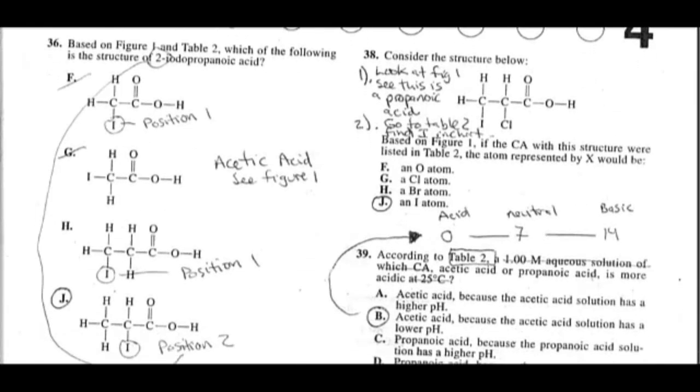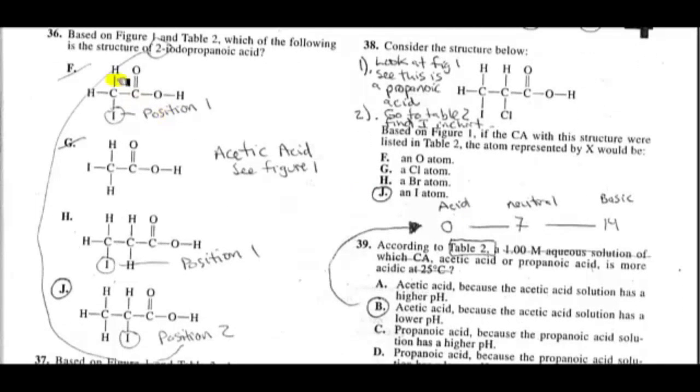If you look at answer choice F, you see that there's only 1 hydrogen and an oxygen. That is an acetic acid. Cross it out. Answer choice G is 1 hydrogen and an oxygen. That is also an acetic acid and can be crossed out. Now, if you look at the rest of the answer choices, H and J, there is 2 hydrogens and an oxygen. That's a propanoic acid.